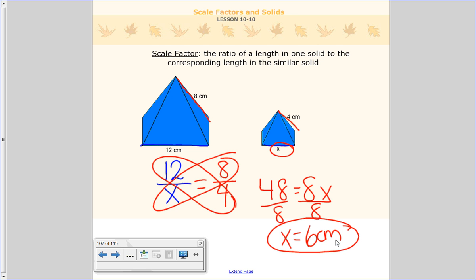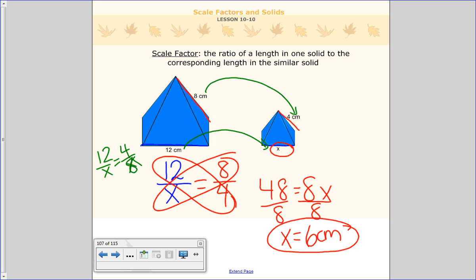Alright, so that's the way you do it. And again, I'm going to tell you, you want to make sure you start with the same solid each time. You'll notice I did 12 over x, then I did 8 over 4. So whatever solid you start with, make sure you start with it for the other ratio as well. Because what ends up happening is what I'll show you here. Let's say I did my 12 over x, but instead of doing 8 over 4, I went to the other pyramid and did 4 over 8.